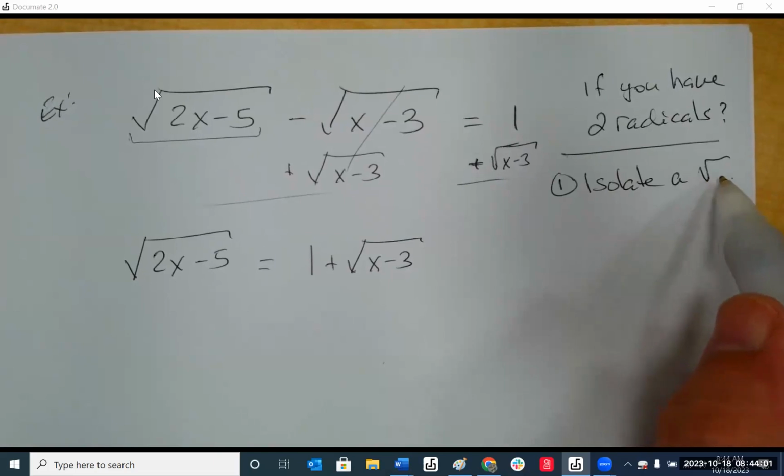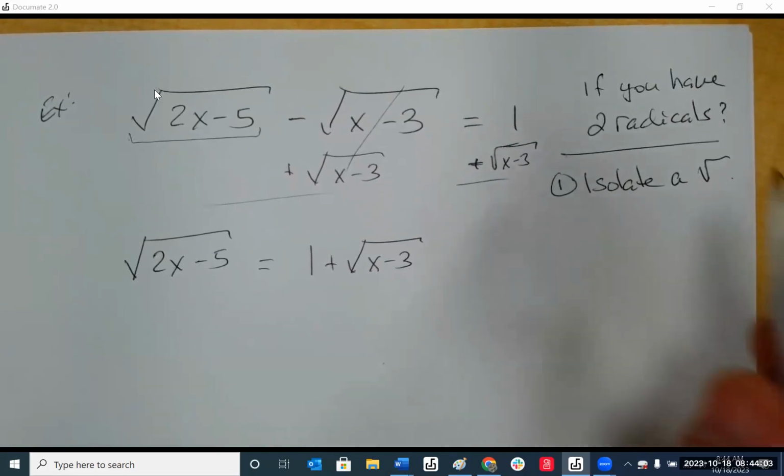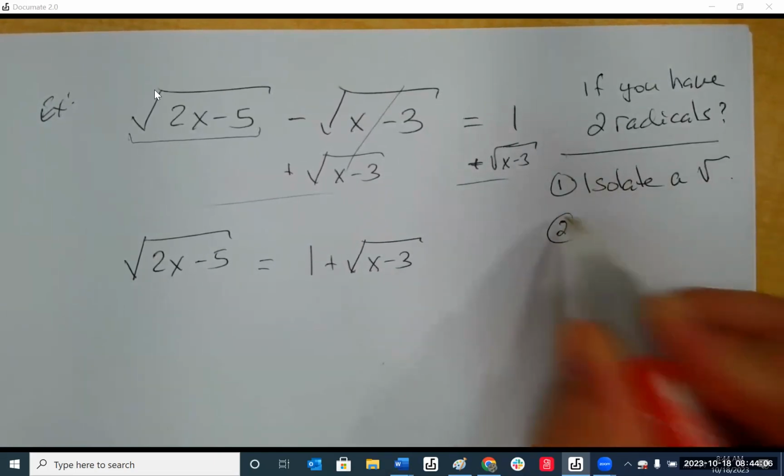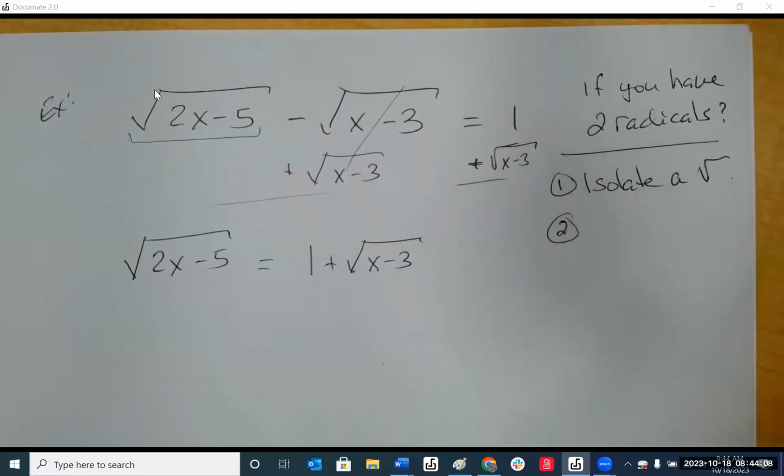We isolated a radical. What's the next step after that? Look at your steps. I mean, this is all procedural. What's step 2 say in the procedure? Square both sides.